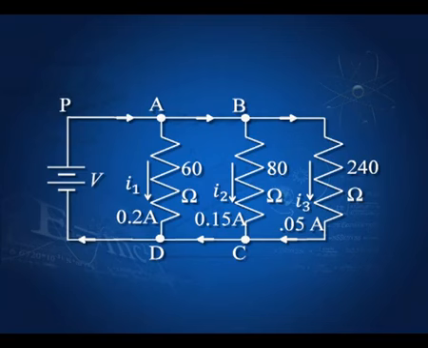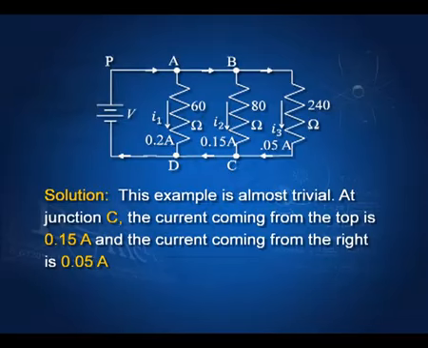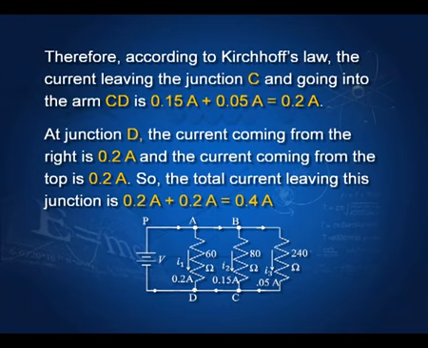So, you can do that, but let us apply Kirchhoff's laws. This example is almost trivial. At junction C, this current is coming this way, this is coming this way. So, the current is 0.15 plus 0.05, that is 0.2, and therefore, the current going must also be 0.2. So, the current going at C to arm CD is 0.2.